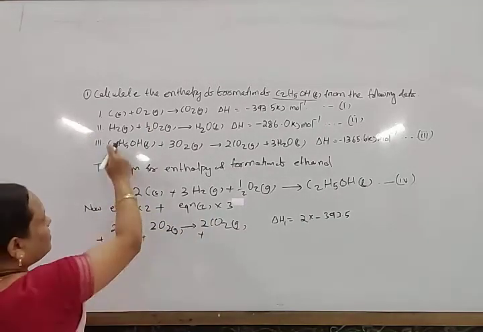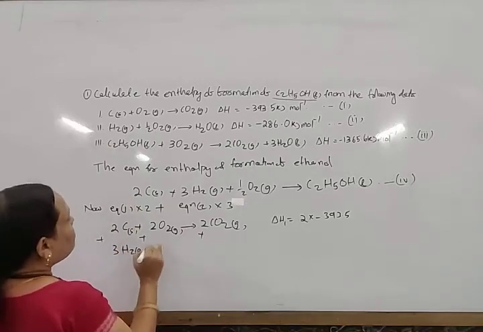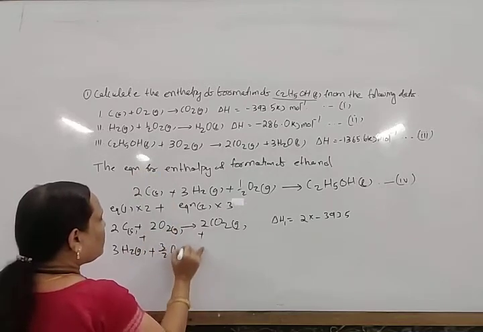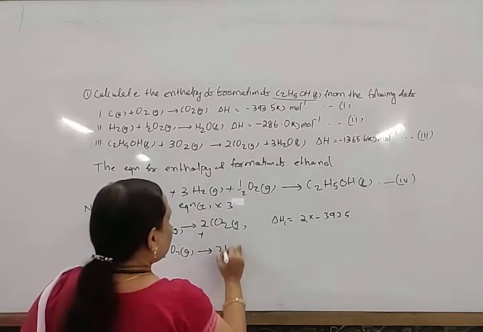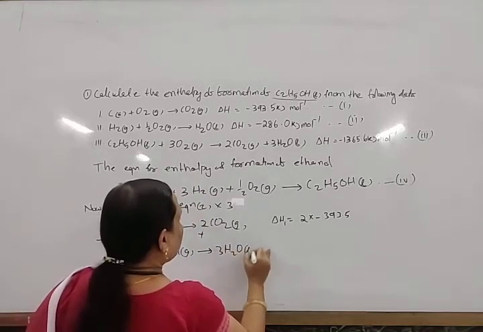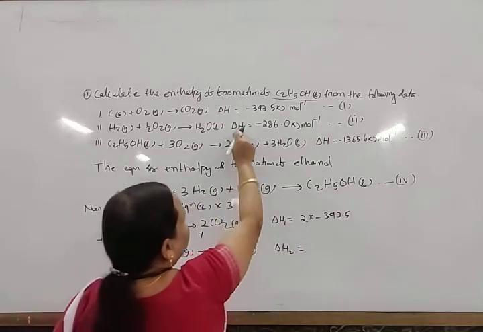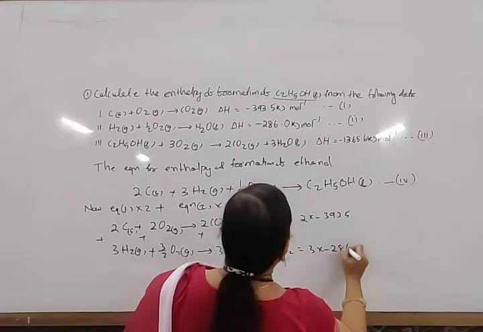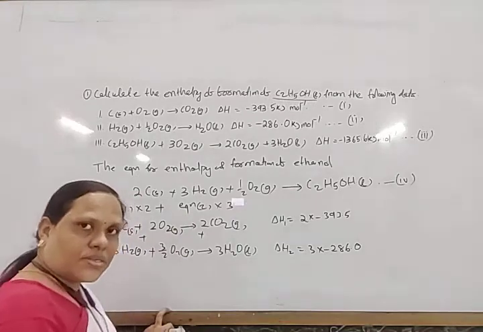Equation 2 into 3 means 3H2 gas plus 3 by 2 O2 gas give rise to 3H2O liquid. And here del H2, that is given, is 3 into minus 286.0 kilojoule per mole.